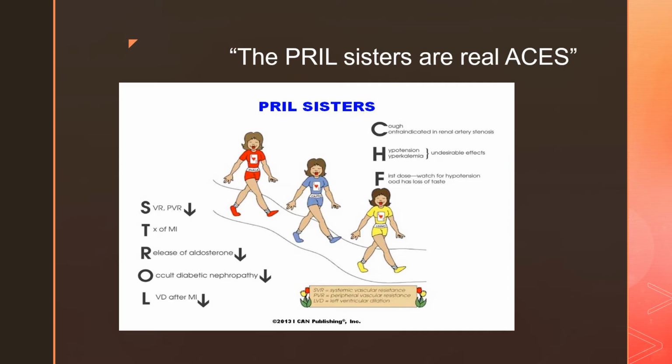Looking at this graphic here, very important when you look at the right side of it, it says CHF, and that's a little mnemonic there you can use to remember things like cough when it's contraindicated. We're looking at hypotension and hyperkalemia. We'll talk more about that. And then first dose, what do you need to do as the nurse?